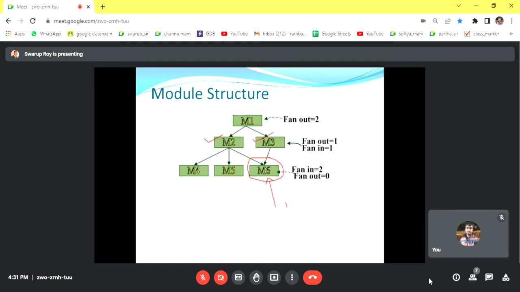The two modules are using the same module, so that is called reuse. M6 has reusability. Other modules do not, because almost all are invoked by a single module, but only M6 has such importance that both M2 and M3 are calling that module.